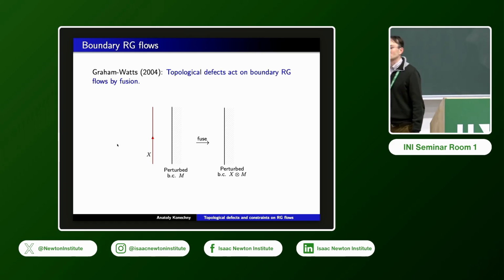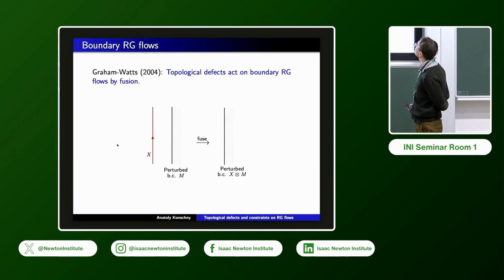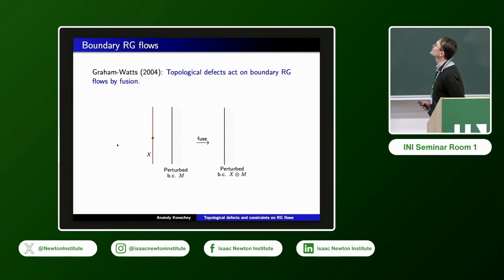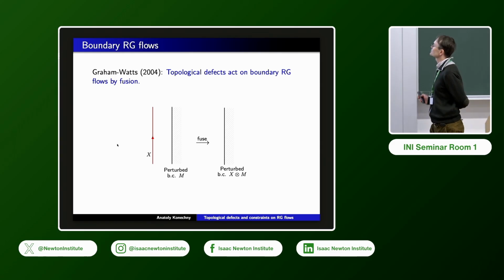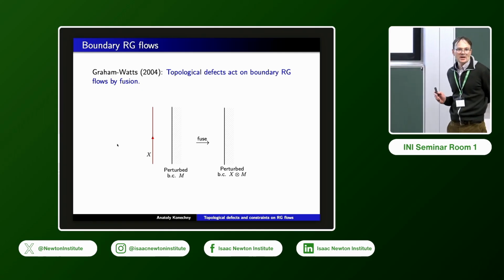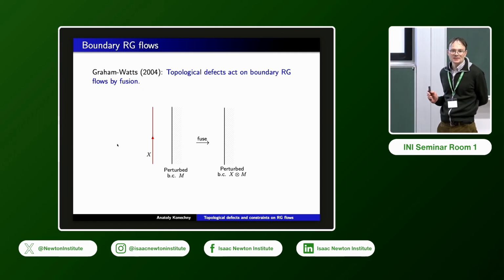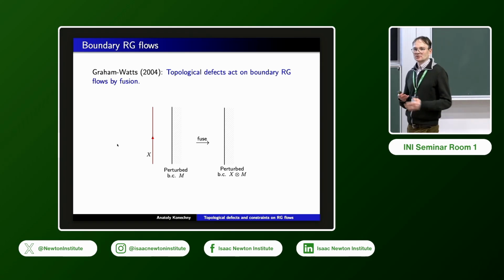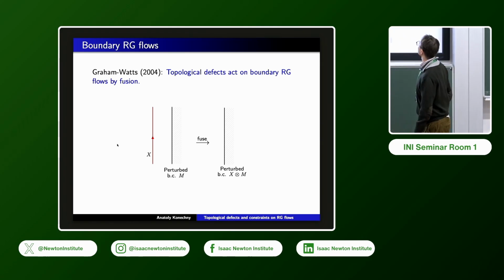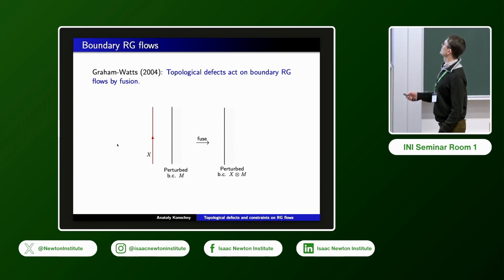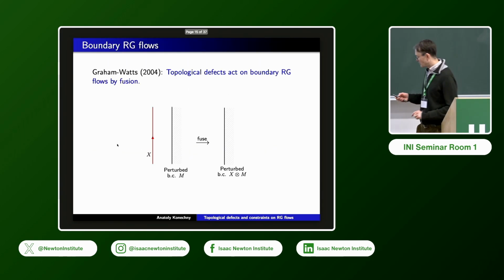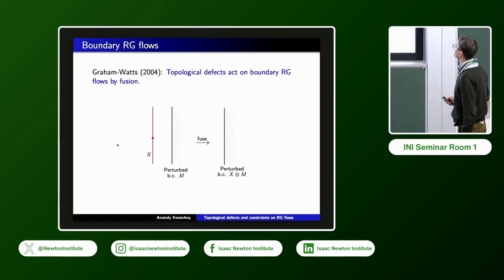Right, so now let me turn to boundary RG flows. Here I first want to mention this old result by Graham and Watts, which to the best of my knowledge is the first example of TDLs being used in conjunction with RG flows, and some interesting results were obtained. As I already mentioned, you can fuse a TDL with a boundary condition.